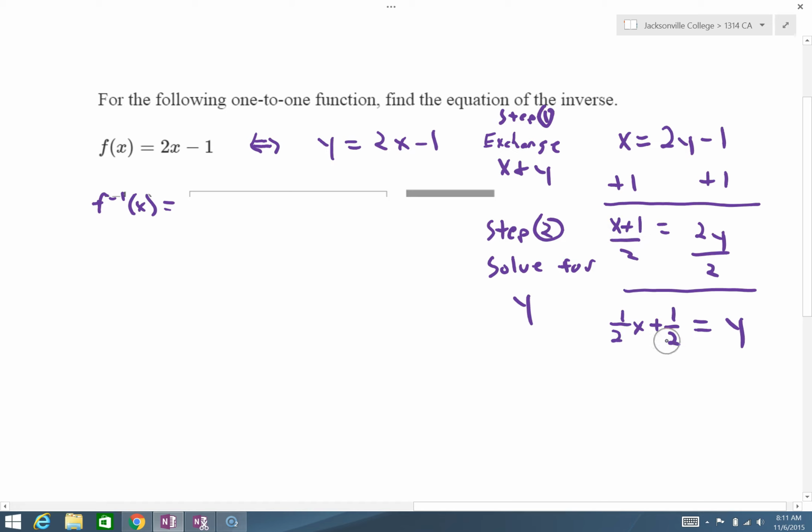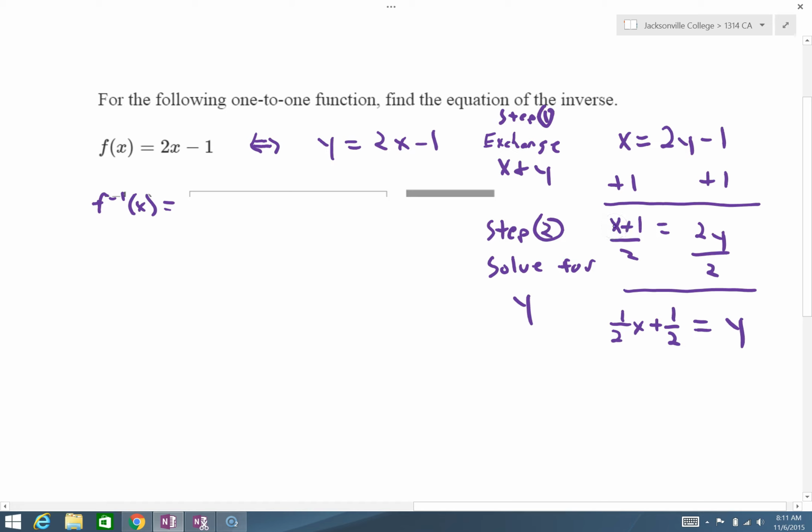This is saying add 1 and then divide by 2. This is saying multiply by 2 and then subtract 1. You can see that those statements are exactly the opposite. Here we are multiplying by 2, here we are dividing by 2. Here we are subtracting 1, here we're adding 1. Those are inverse operations.